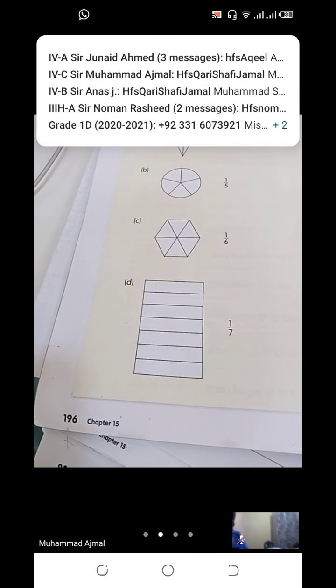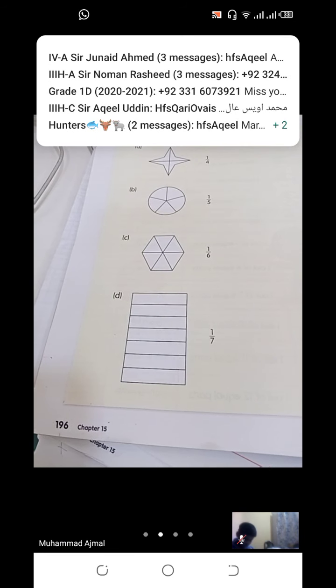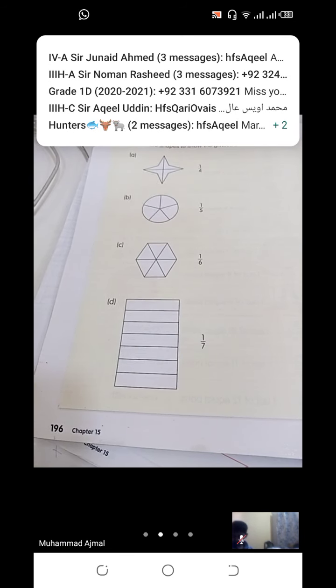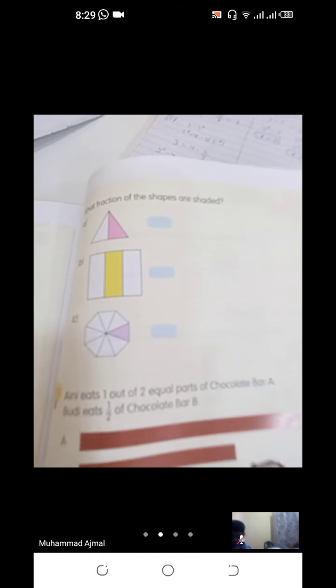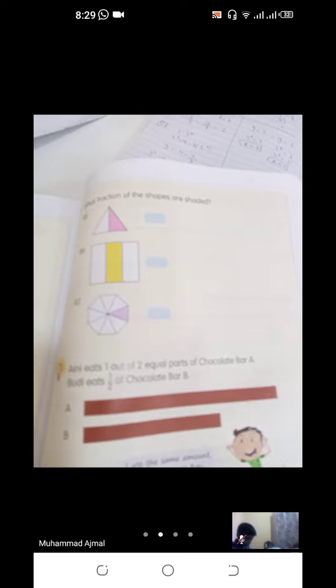And what you have to do, you have to shade the fractions, and these are all unit fractions, so only one part of the shape will be shaded. Look here again, same question which we have done in the activity book, page 197. Okay, question number 2 you will do. Okay, leave question number 3.